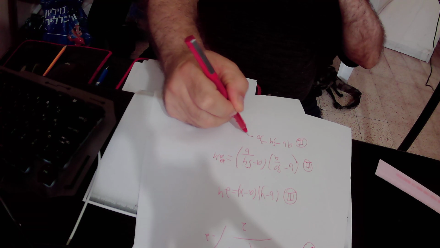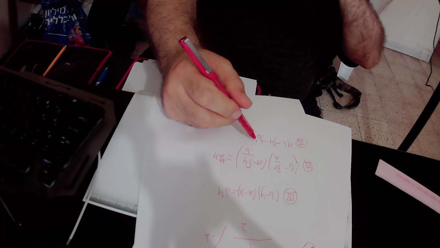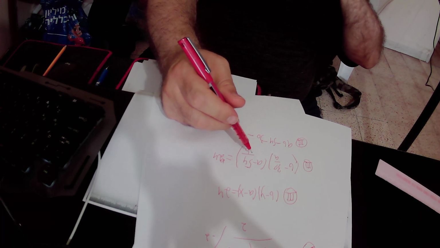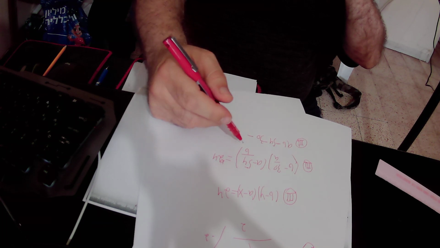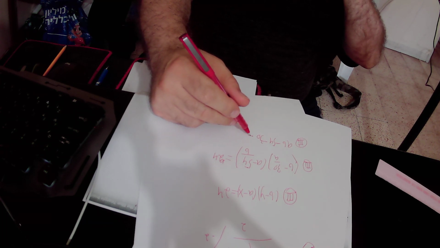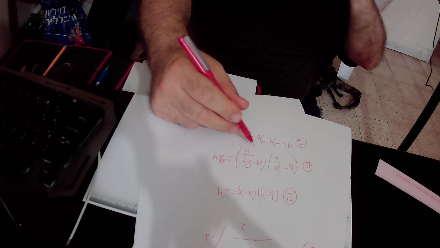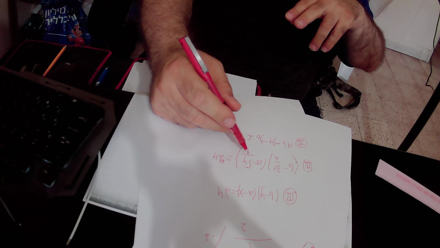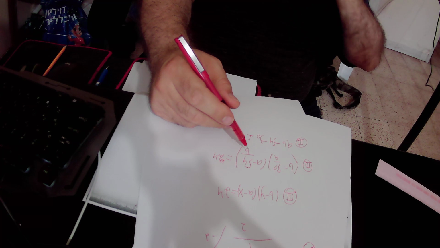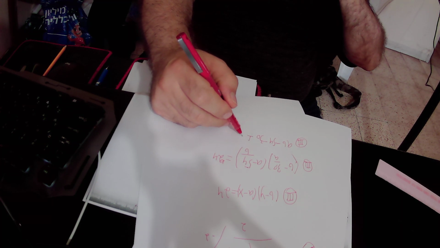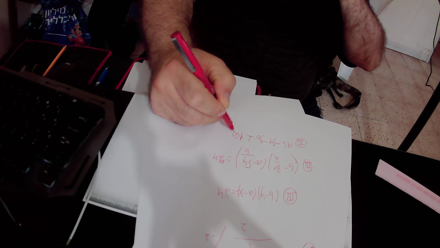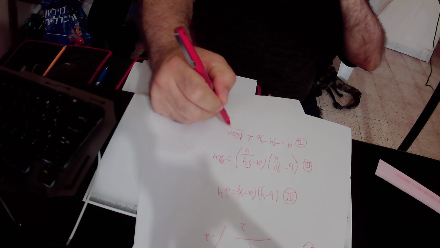And minus 30 over a times minus 54 over b will be actually plus, because minus times minus is plus, 1620 over ab.